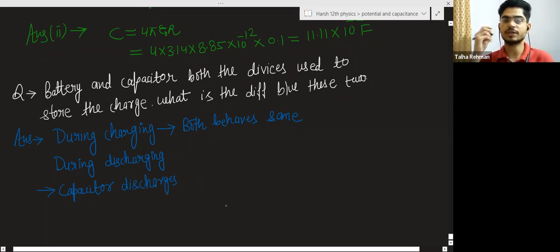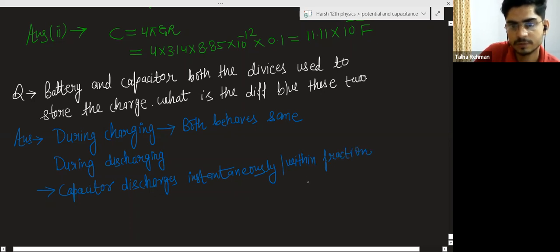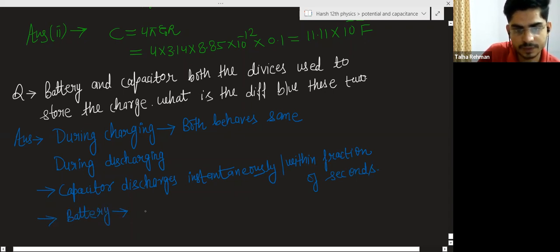Within a fraction of a second, it discharges instantaneously. But in case of a battery, it discharges gradually, means slowly.